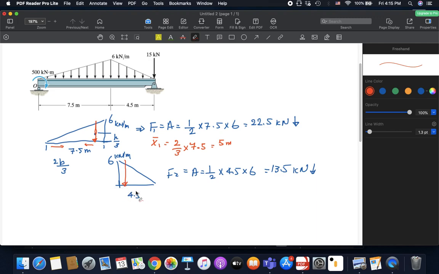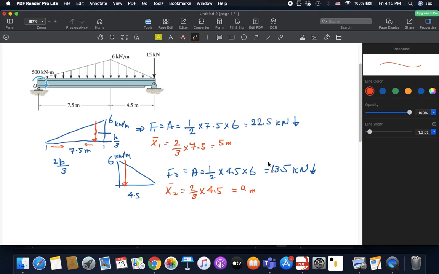So basically, from our equation, x2 bar equals 2b over 3, 2 over 3 multiplied by this distance, the base, 4.5.